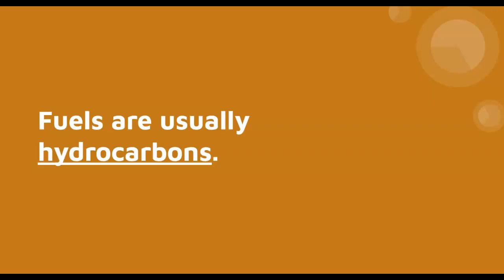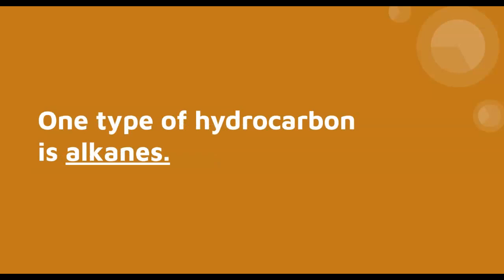All right, next in the notes, I want to introduce the concept of hydrocarbons. We say that fuels are hydrocarbons, and the reason we call them hydrocarbons is that these fuels are made up of only hydrogen and carbon. And within hydrocarbons, there are many different types of fuels, and one of those fuels is called an alkane. So let me just reiterate what I said.